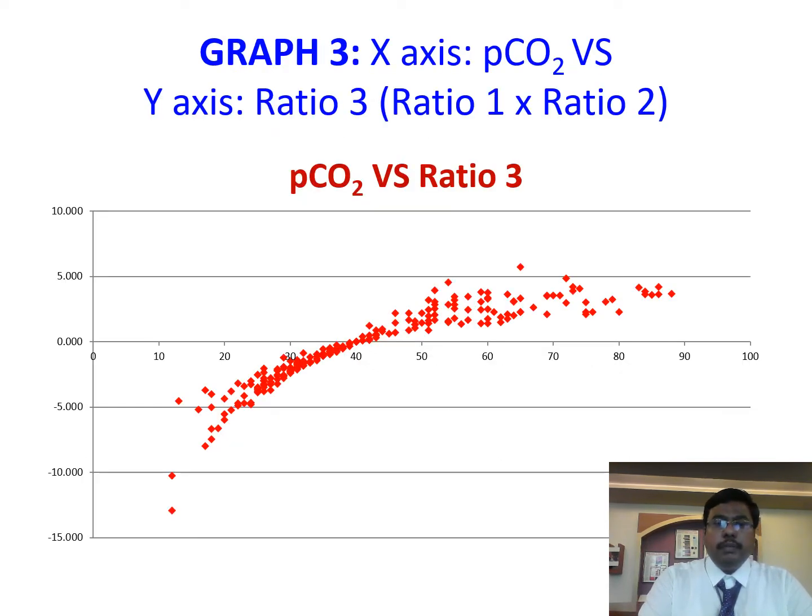In graph 3, the relation between PCO2 and ratio 3 is clearly shown. Ratio 3 is obtained by multiplying ratio 1 with ratio 2. So ratio 3 is similar to ratio 2. It is greater positive for increased PCO2 values and greater negative for decreased PCO2 values.